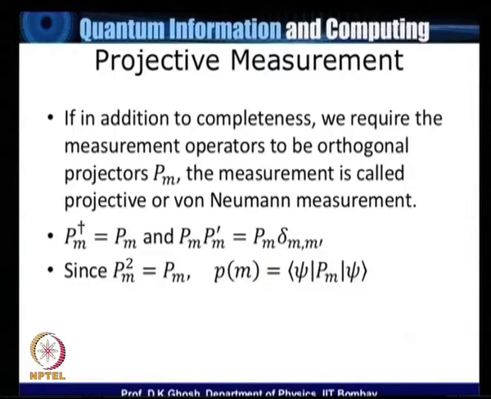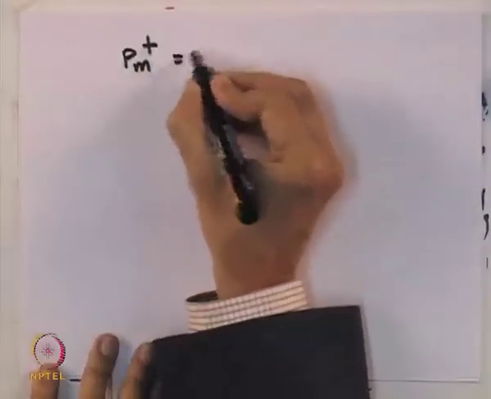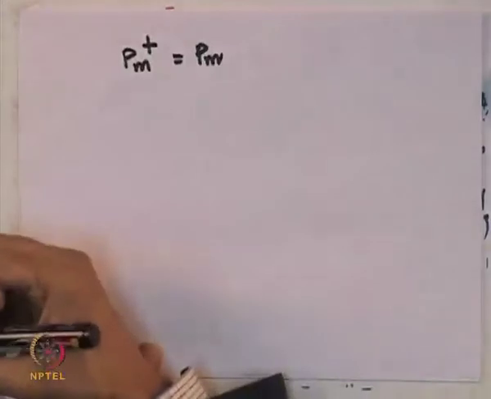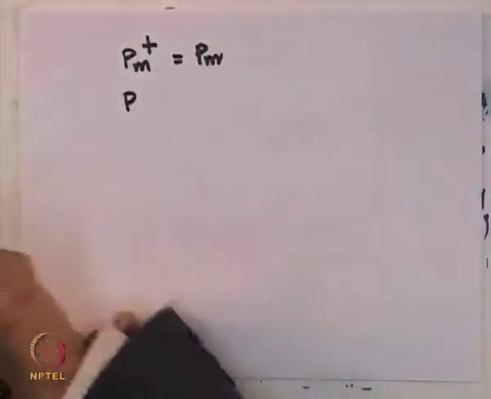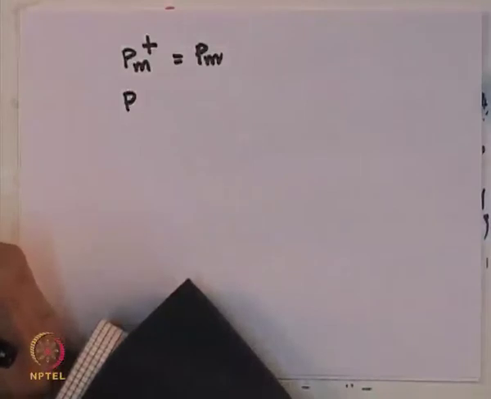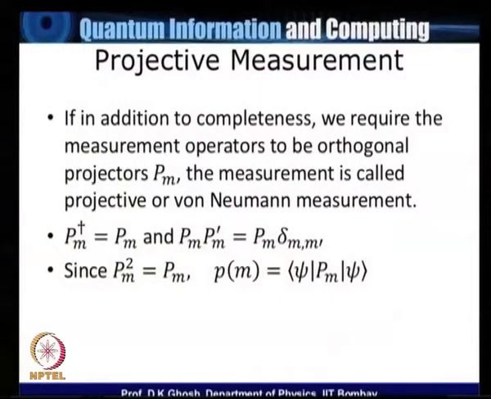Now firstly, for the von Neumann measurements, of course I have hermiticity, so P_m dagger is equal to P_m. And I also have, remember, that the projection operators are idempotent, so that P_m squared is P_m itself.